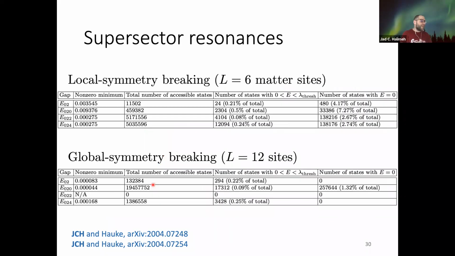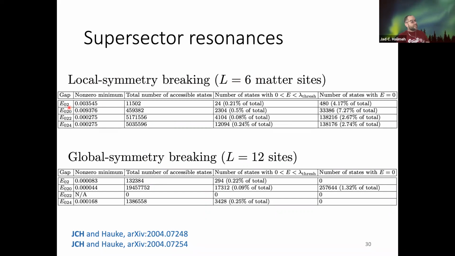But the interesting thing here, if we look at the table, if you look at a gauge symmetry with the perturbative breaking that we talked about with L equals 6 matter sites, and a global symmetry model, here we use the Bose-Hubbard model with L equals 12 sites. So these are equivalent because remember, I'm using periodic boundary conditions. So 6 matter sites means I have a total of 12 spin sites, if you wish.